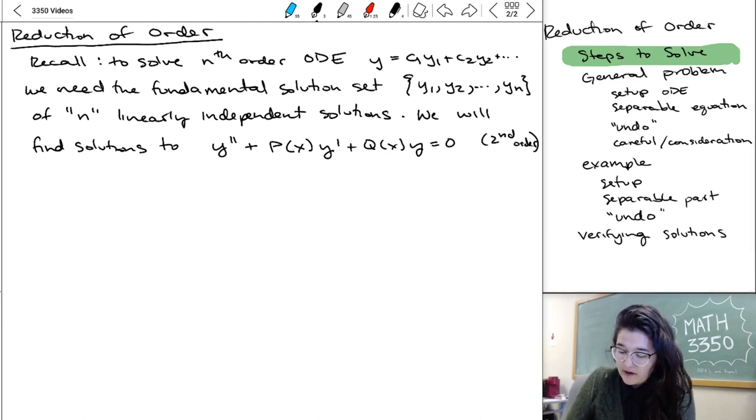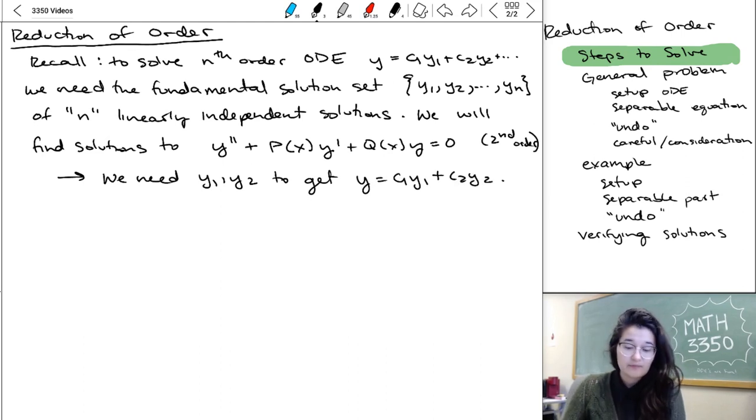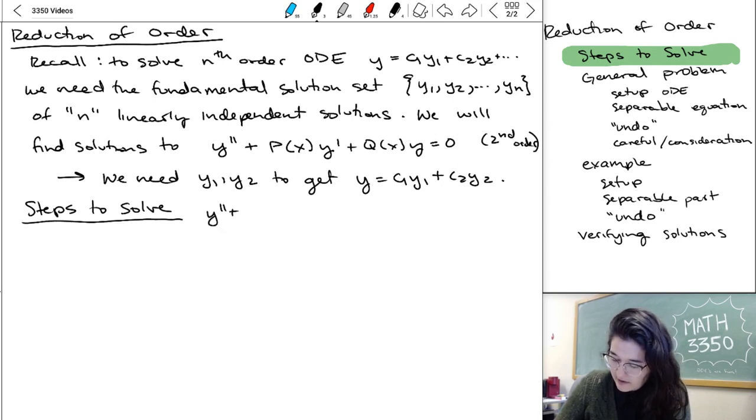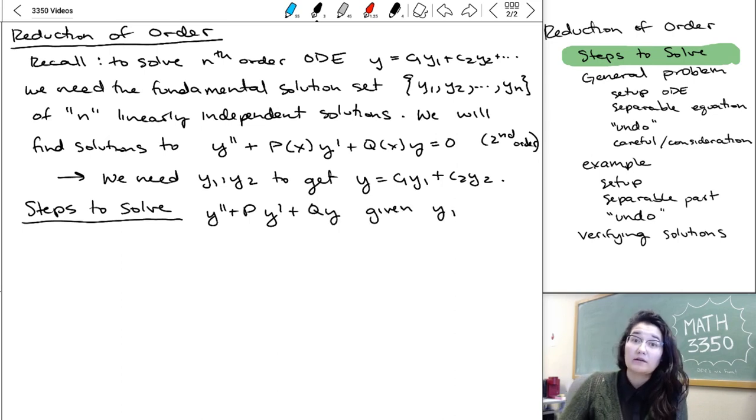Since it's second order, we know that we need to find some y1 and y2 to get our general solution y equals c1 y1 plus c2 y2. And in the case of reduction of order, we're going to assume that one of those solutions was already given. So we're going to have the problem y double prime plus p y prime plus q y, given, let's say, y1, and we want to find y2.